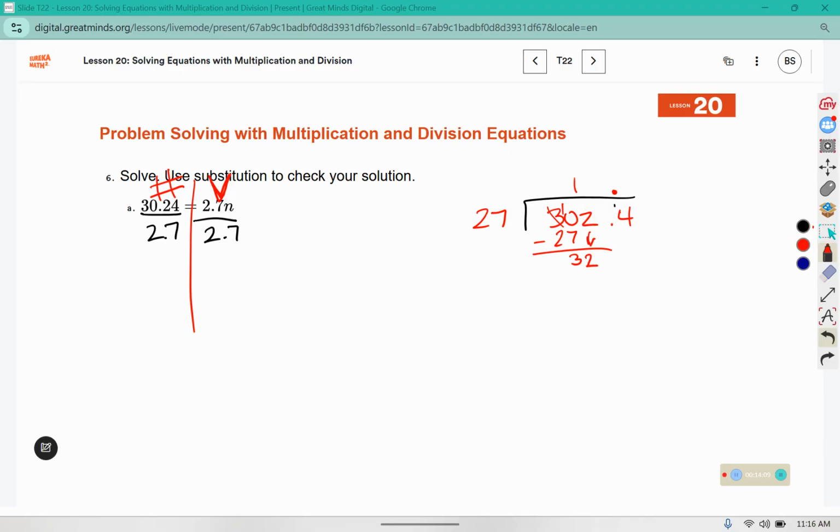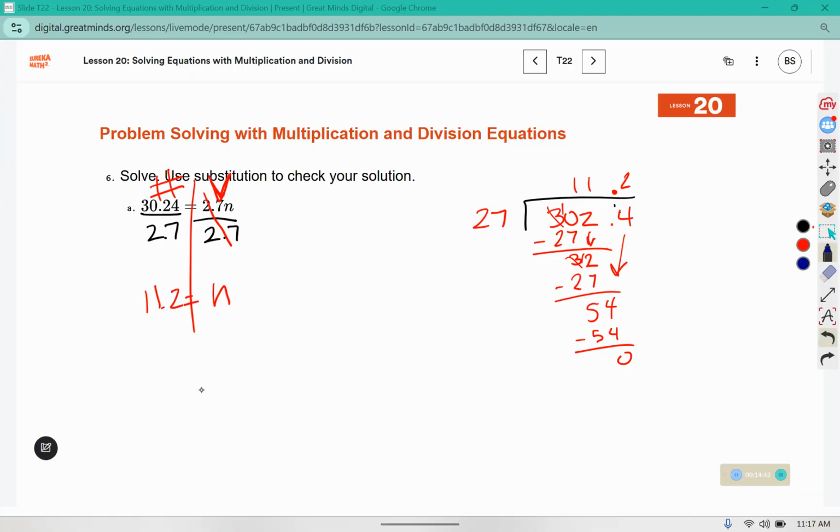Then bring down the 2. 27 fits into 32 one time. 12 minus 7 is 5. Bring down the 4. 27 fits into 54 twice. So this says n, because the 2.7's divide out, and 30.24 divided by 2.7 is 11.2.